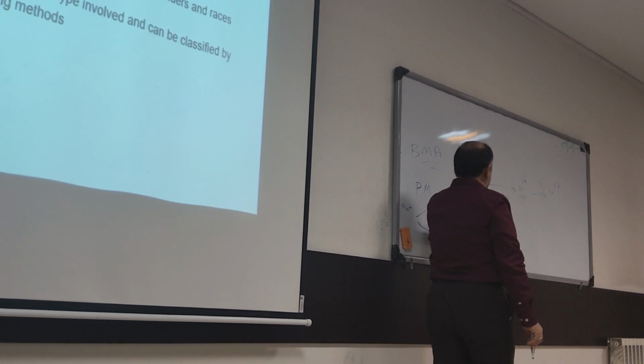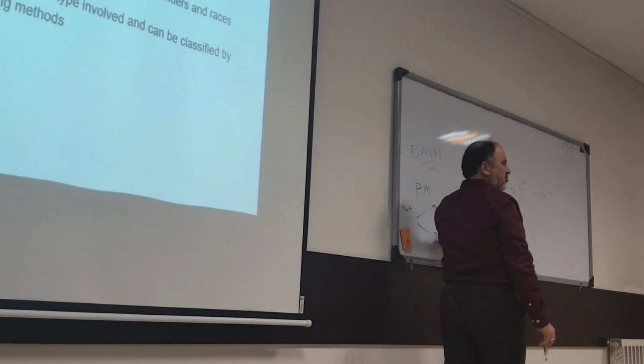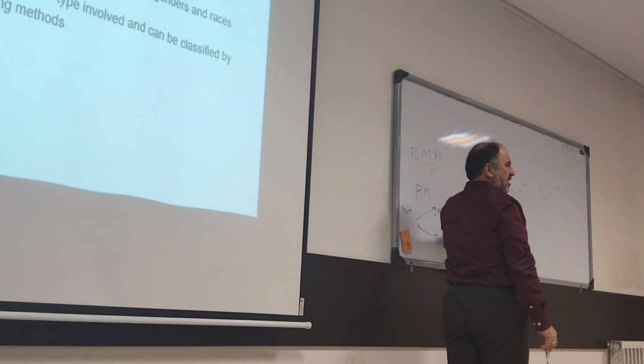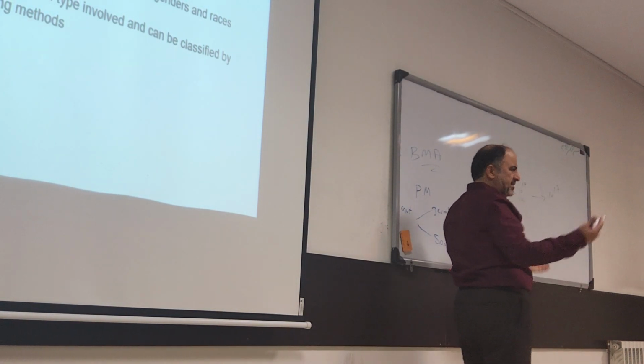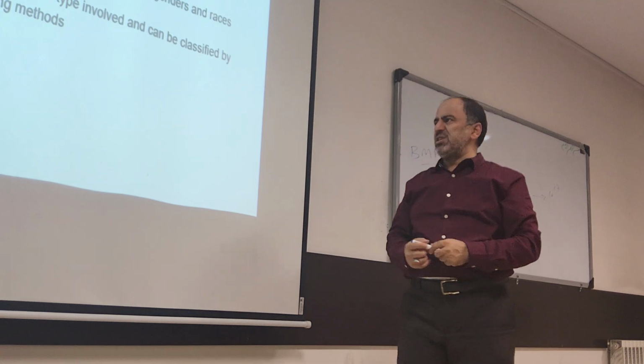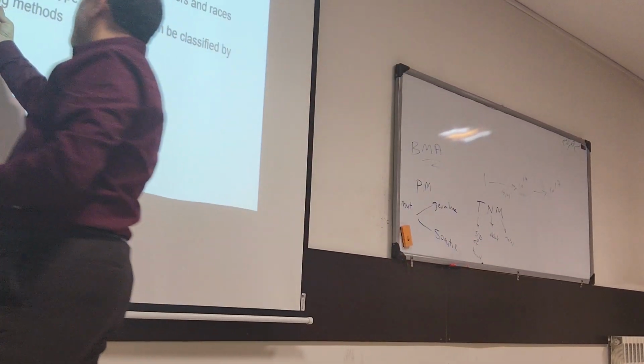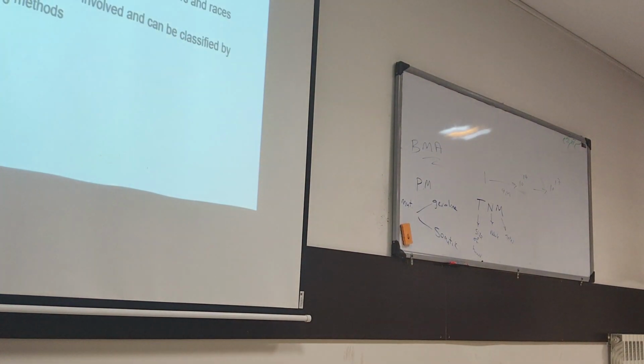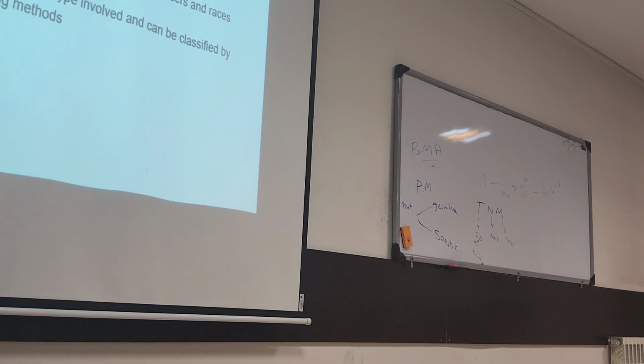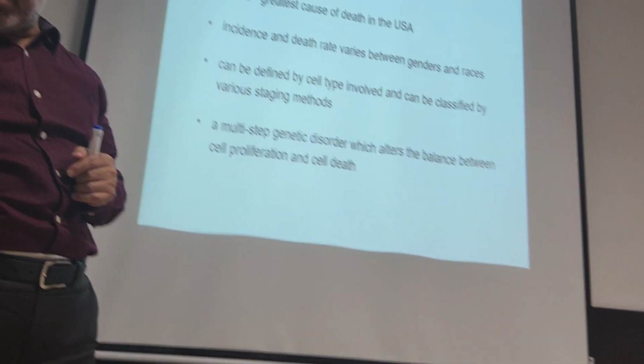And we say T0N1M1 or T2N1M1 or T3N2M3, for example, something like that. This is staging. It tells whether it is progressing very quickly or very slowly. It depends on the patient, different from each other.